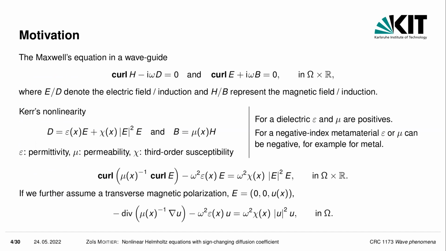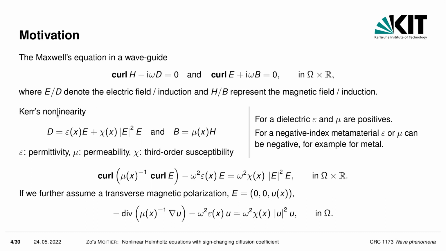For example, if you take a Maxwell waveguide with the Maxwell equations, here E and D denote the electric field and induction. H and B represent the magnetic field and induction. From these two equations, we need to add material laws.